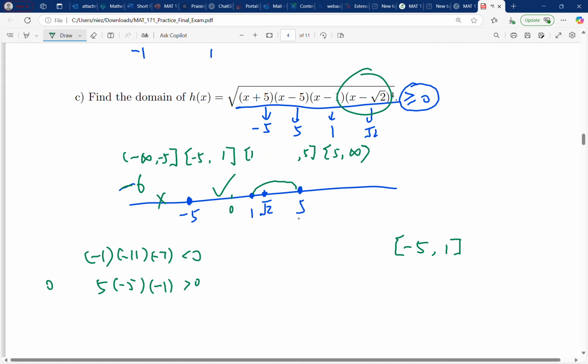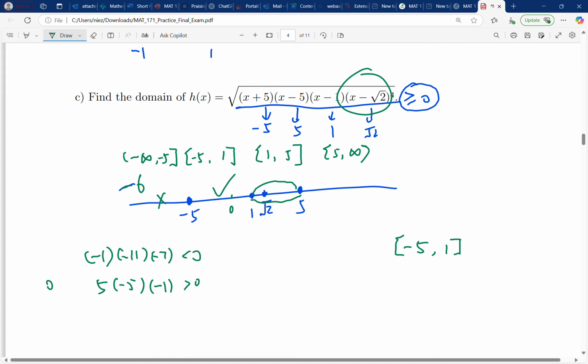But for those two, you can just look at 1 to 5 as one interval, 1 to 5.